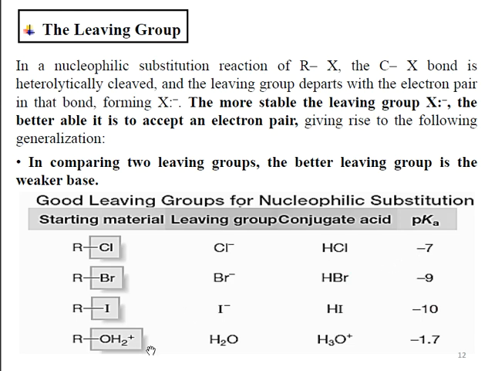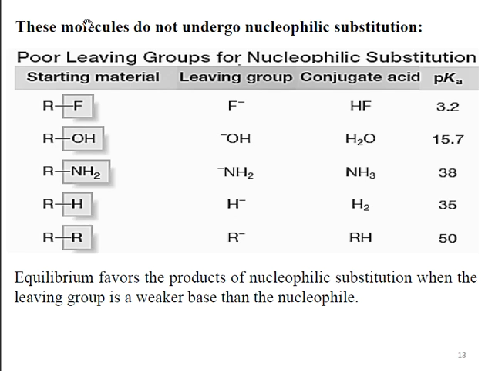And look at the H2O, it is just minus 1.7. That means the H2O here is also a good leaving group, but not like iodine. Iodine is a very good leaving group, then bromine and chlorine, and finally H2O.